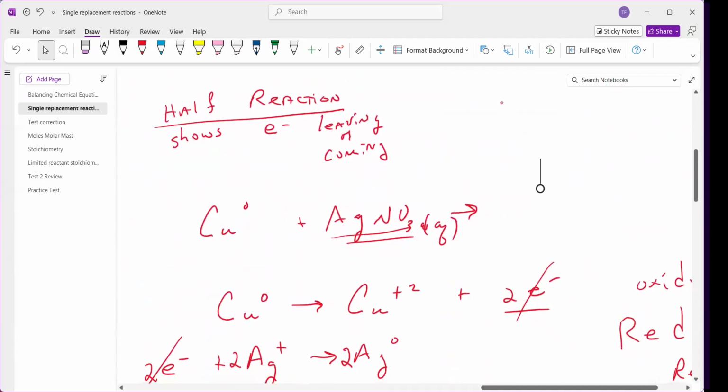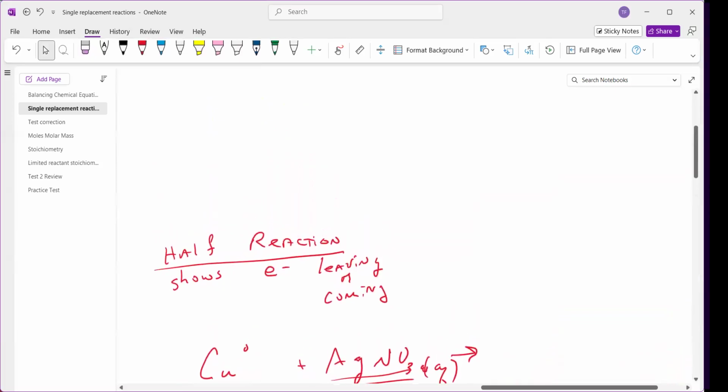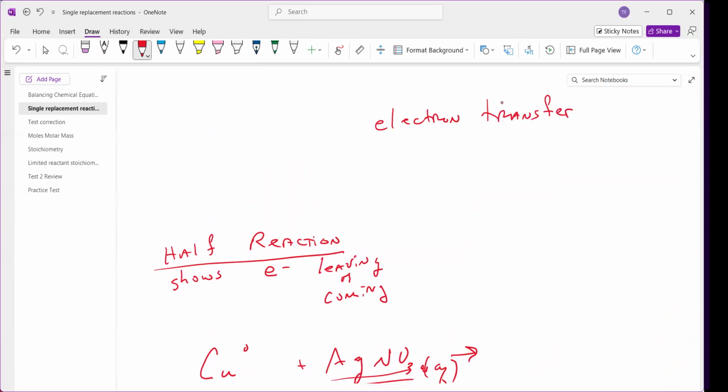This reaction here. Okay, so I mentioned a few minutes ago that a single replacement reaction is electrons being transferred. When electrons are being transferred, that's called oxidation.